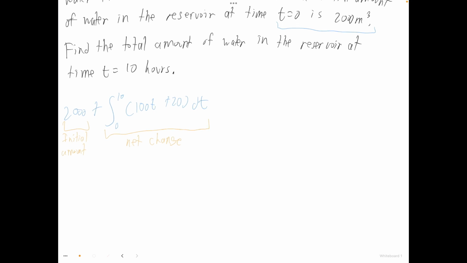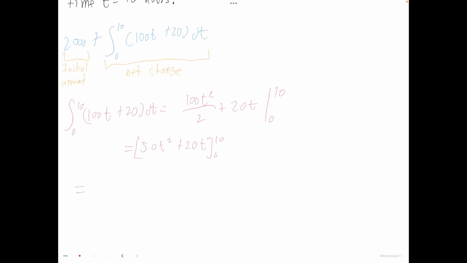And so we need to compute our integral. So we have the integral from 0 to 10 of 100t plus 20. This gives us 100t squared over 2 plus 20t, going from 0 to 10. So we have 50t squared plus 20t. We're going from 0 to 10, so we plug in our bounds.